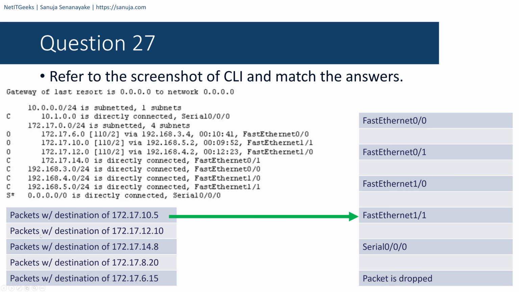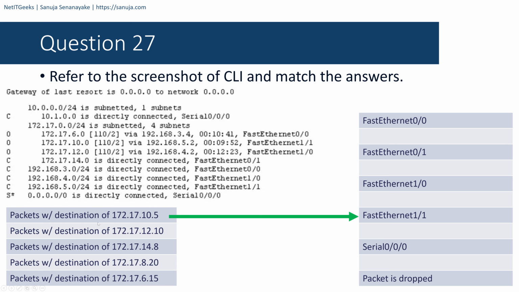The next one is a packet with destination 172.17.12.10. Go and look for 172.17.12.0. That's the network we are looking at, and it is related to 1.0, right?